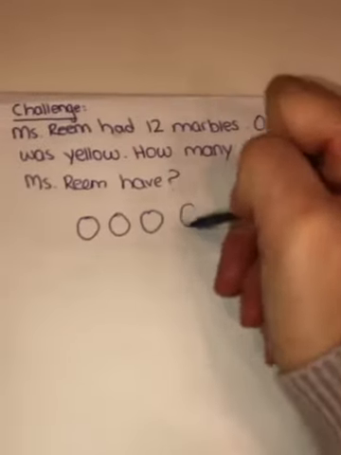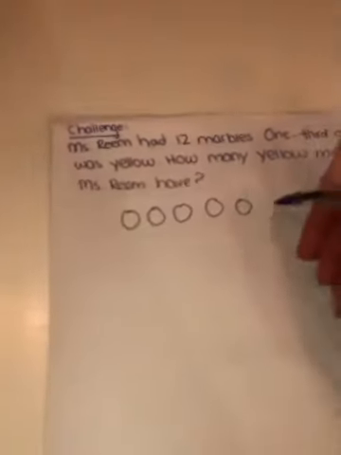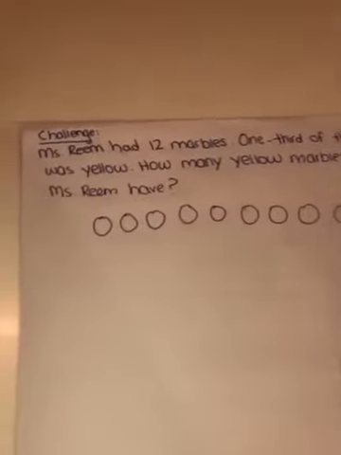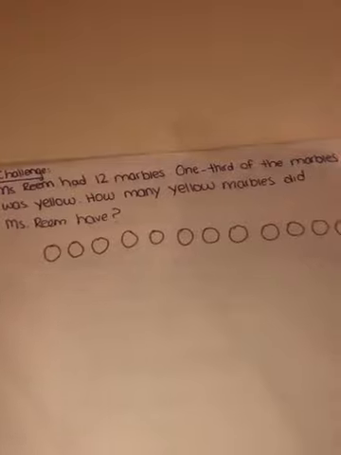So, let's start by drawing the 12 marbles. 1, 2, 3, 4, 5, 6, 7, 8, 9, 10, 11, and 12. So, as we can see in the problem, it stated that 1/3 of the marbles was yellow.